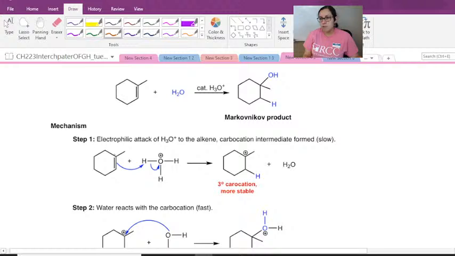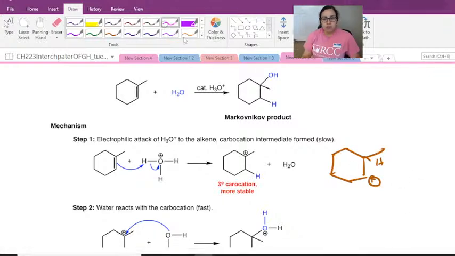That left this carbon electron deficient, so it has a positive charge right now, and it's just hanging out. That's why that's more favorable, because otherwise, if we had added the hydrogen to this side, we would have been left with a positive carbocation here. That's not as stable, and so that was not as favorable.